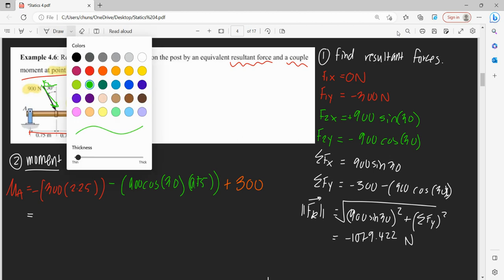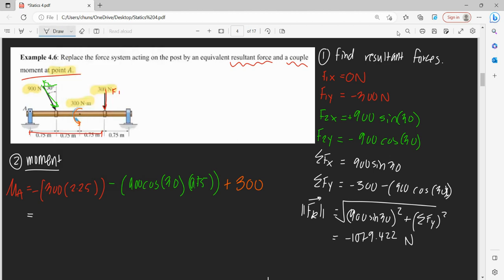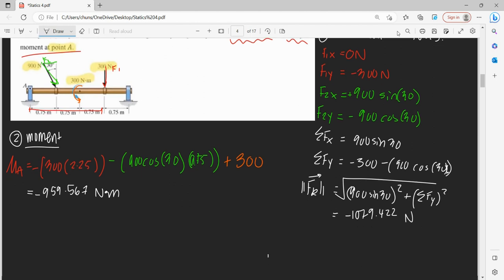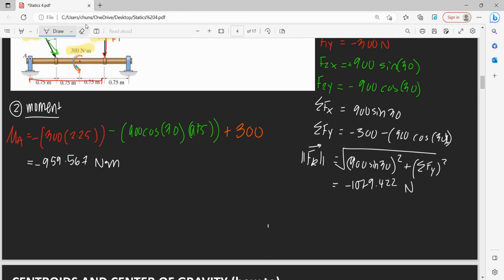And this turns into, so let me just recalculate that. So that's minus 900 cos 30 times 0.75 plus 300, which is negative 959.567 newton meters.